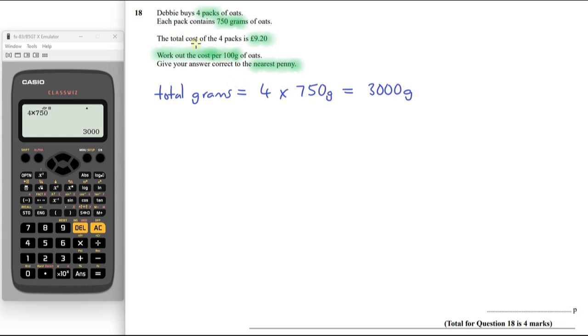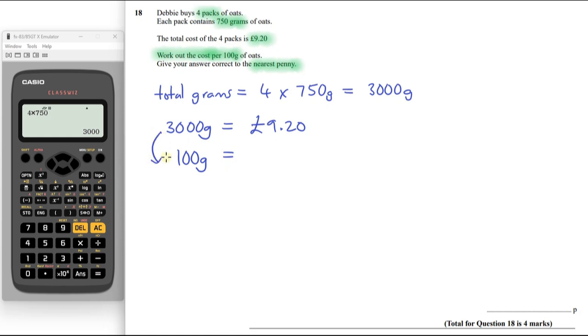And we know the total cost of the 4 packs is £9.20. So we can say that 3,000 grams must be equal to £9.20. And we need to work out the cost per 100 grams.